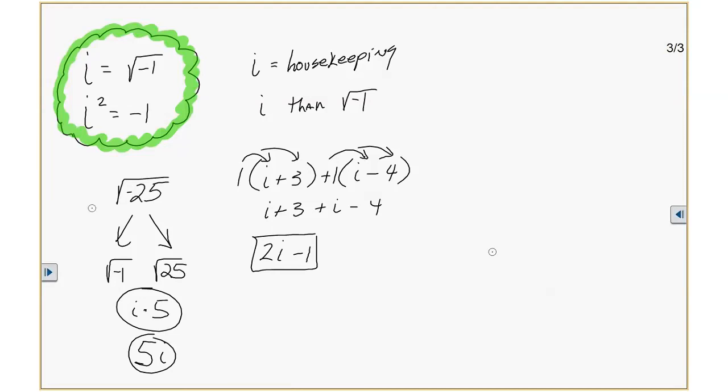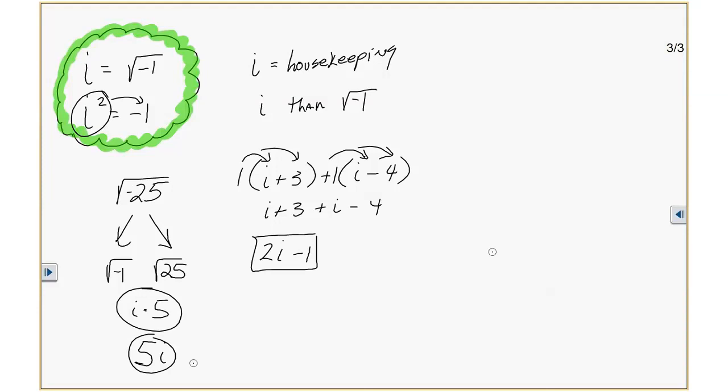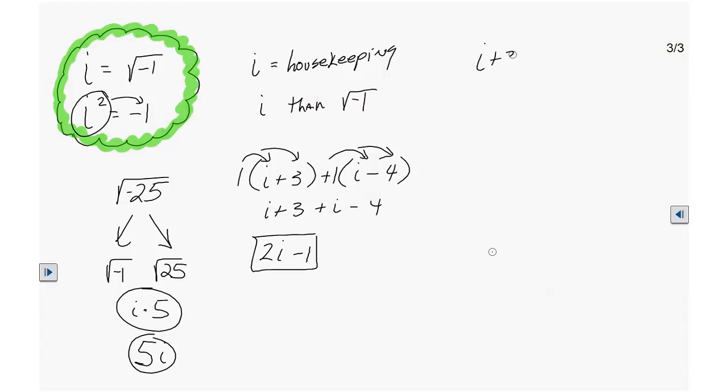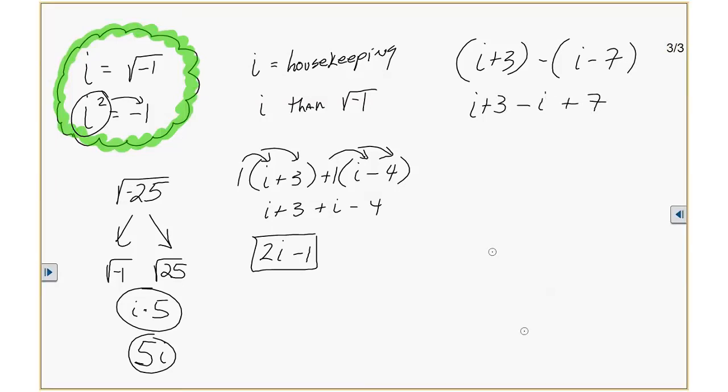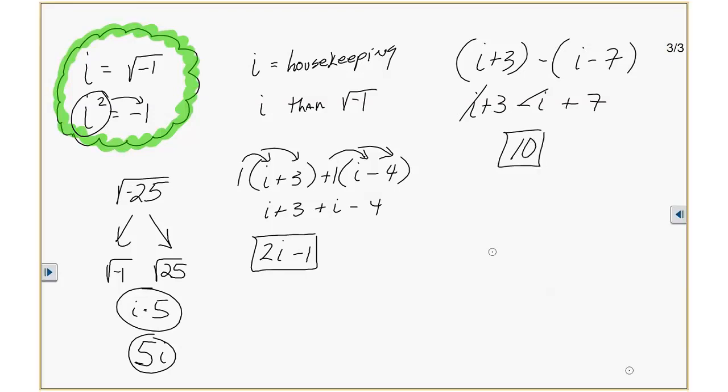Except when you get an i squared, you have to change it to what? -1. So that's addition. i plus 3 minus i minus 7. i plus 3 negative i plus 7. What's i minus i? And what's 3 plus 7? You treat it just like you do x.